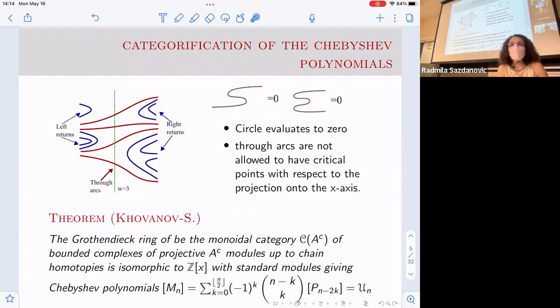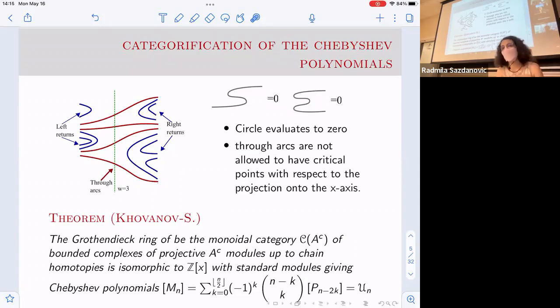When you compute the Grothendieck ring, it turns out that up to all of these conditions, we've gotten rid of exactly enough things that we get Z[x] as a ring, isomorphic to the Grothendieck ring of this category. And in this assignment, what I did not say is that the projective modules correspond to the monomials.